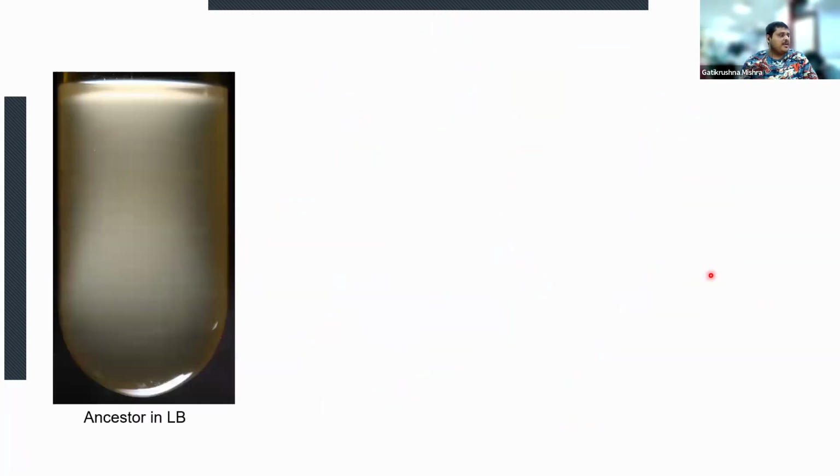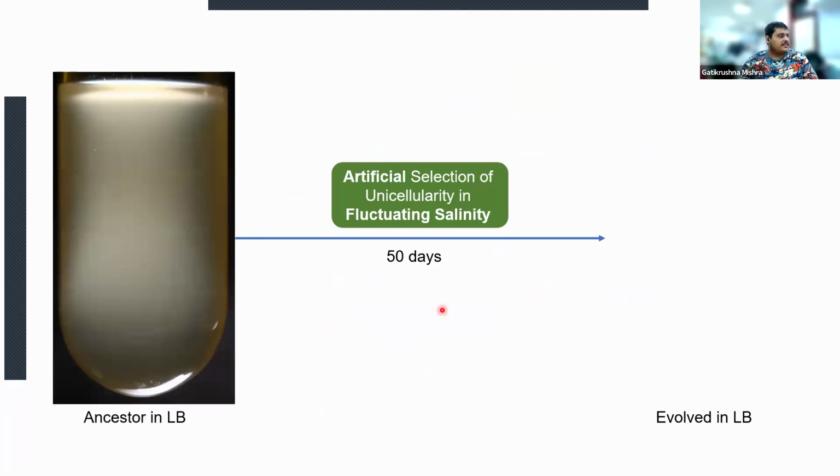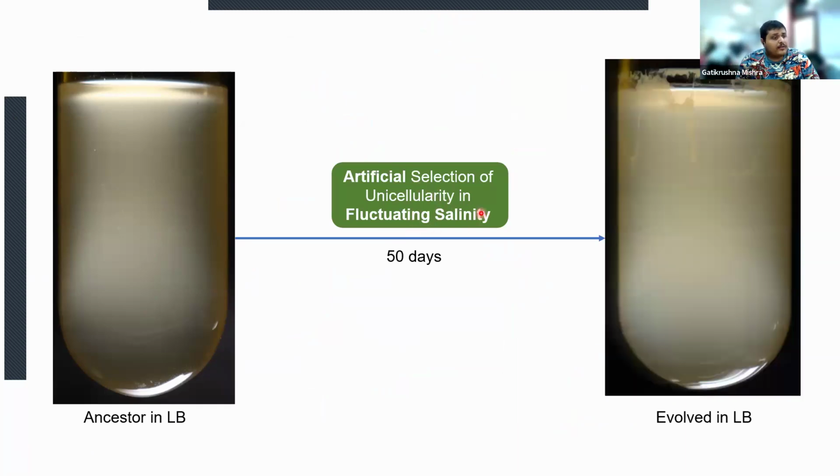In such a regime, we saw that the ancestor in LB looked completely turbid, but very counterintuitively, when we selected for unicellularity in fluctuating environments, the evolved bacteria could also become multicellular in LB. Very, very counterintuitively.